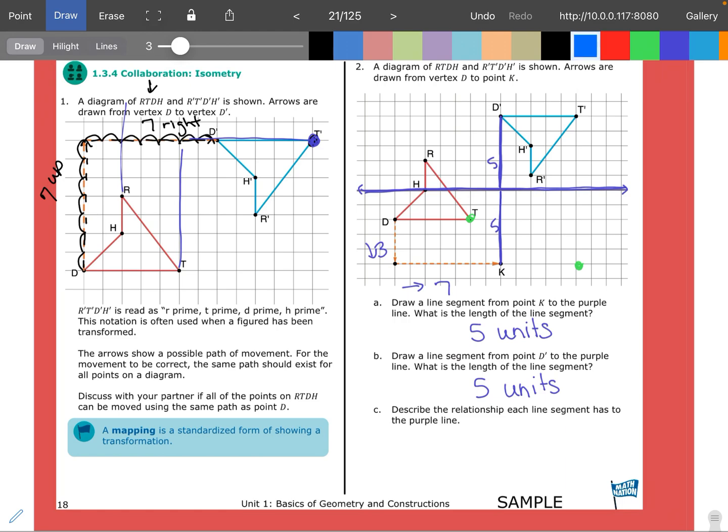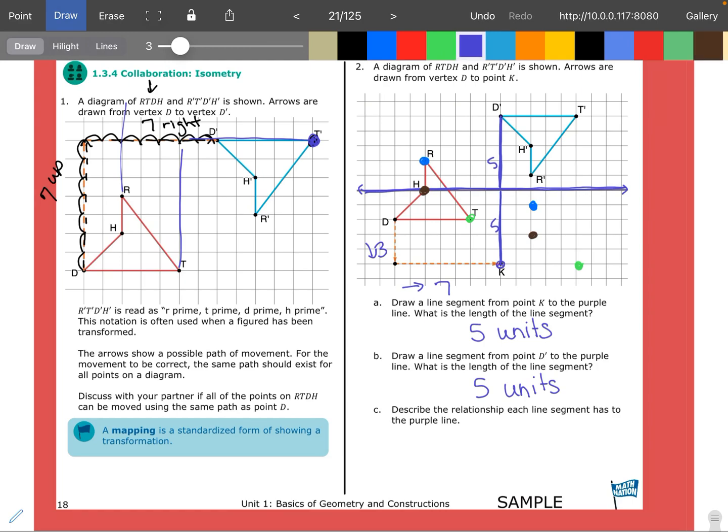Okay, let's do R. We're going to do that in blue. So down 3, 1, 2, 3, over 7, 2, 3, 4, 5, 6, 7. There is the blue one. Let's see, H. Let's use brown. So we'll go down 3 units, 1, 2, 3, over 7. Okay, there we go.